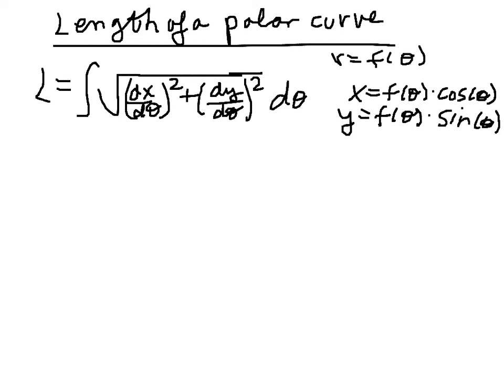So I'm going to take some time and write out what dx/dθ is, what dy/dθ is, then what (dx/dθ)² is, what (dy/dθ)² is, and finally what the sum of (dx/dθ)² and (dy/dθ)² is. And it's going to be pretty cool. So I'll do all this writing and you can just look at it at your leisure.